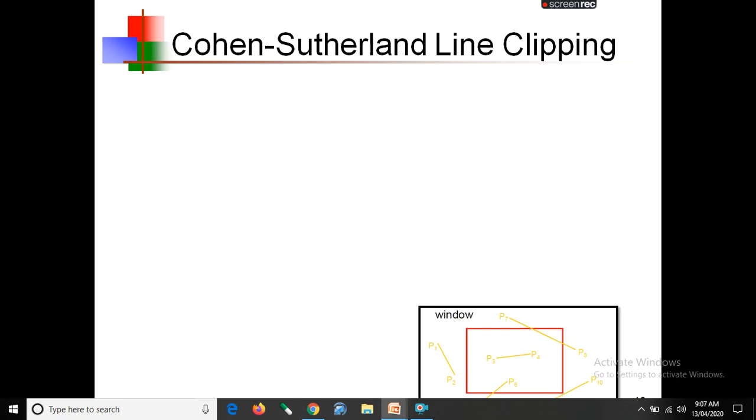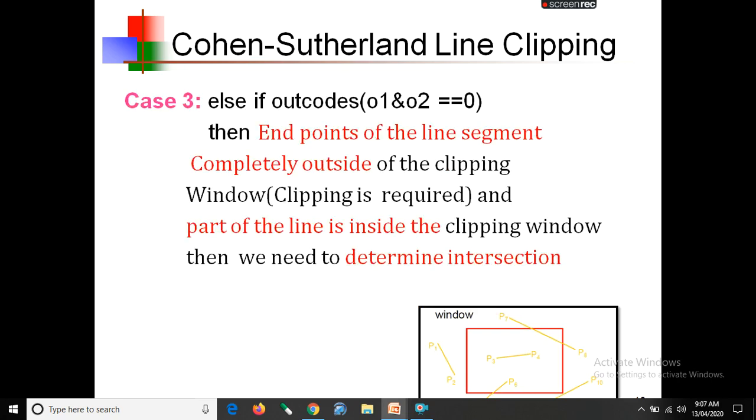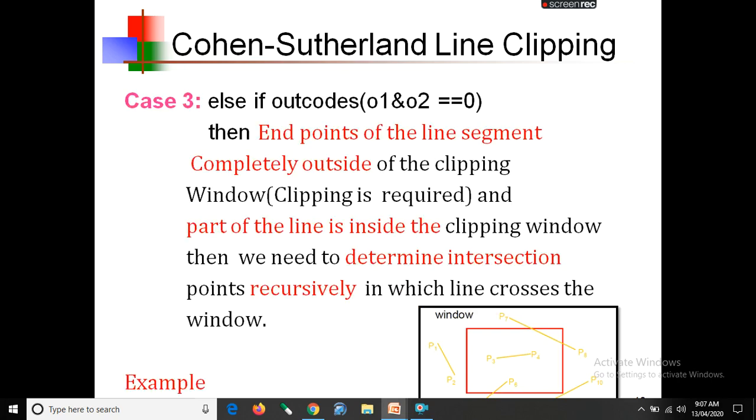In case 3, after applying the bitwise AND operation between outputs O1 and O2, assume that the result is equal to 0.